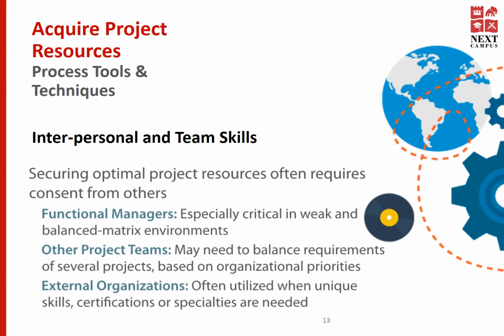You may also have to work with external organizations in deciding the right personnel and team skills, the right level of expertise, and the resources that you need for your own project.